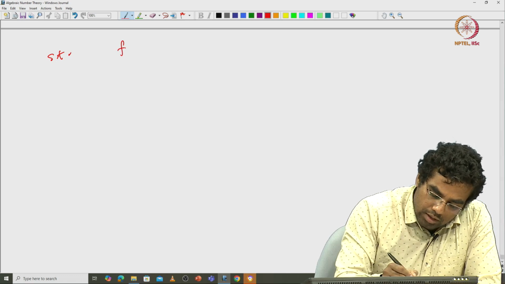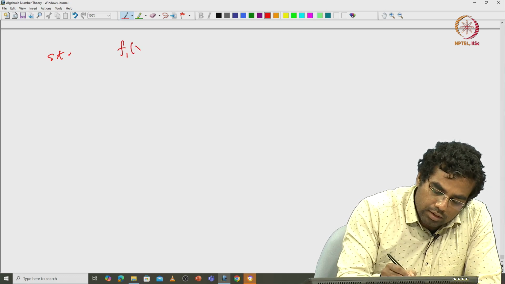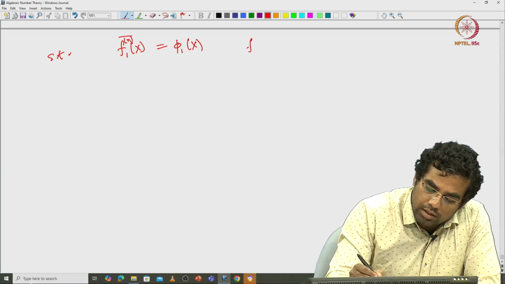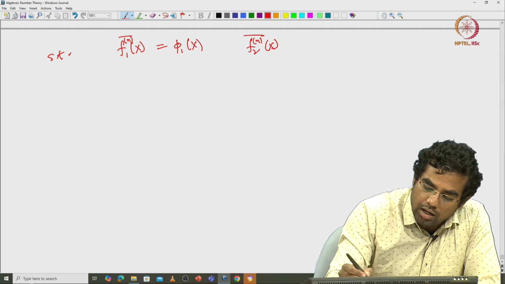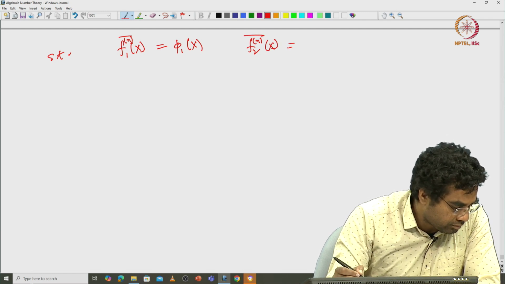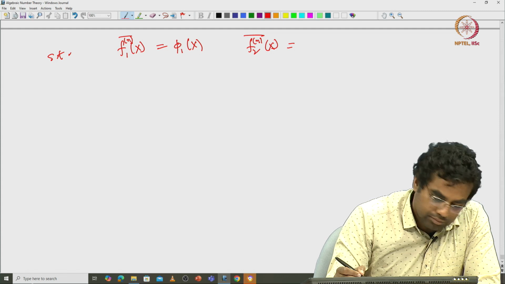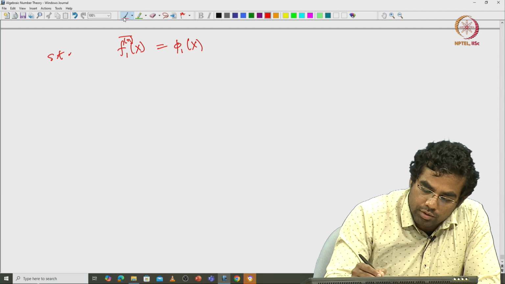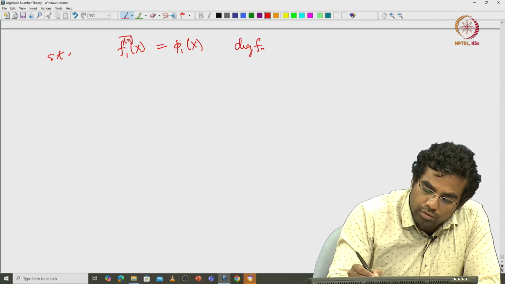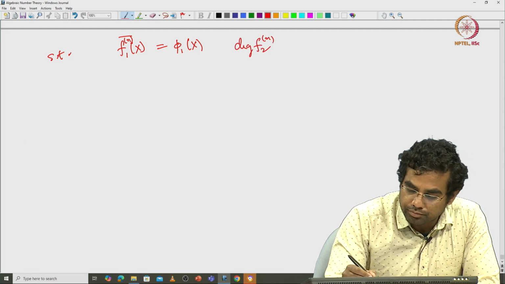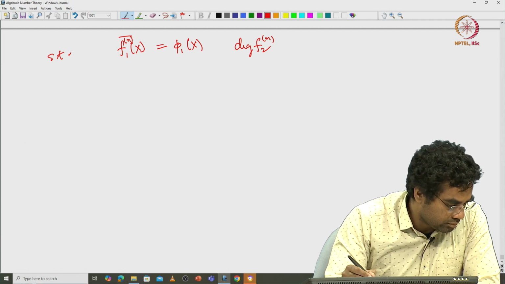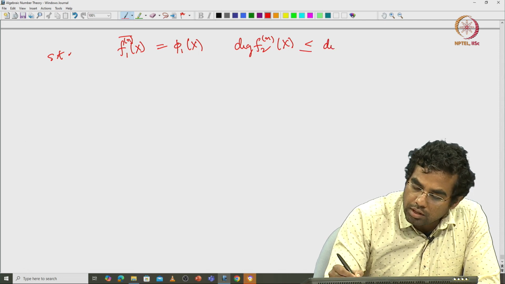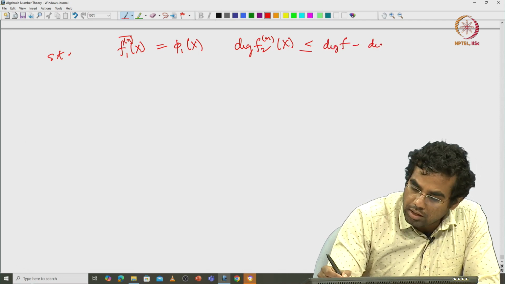first of all, f1 n bar is equal to phi 1 of x, and f2 n bar of x is equal to phi 2 of x. Also, I want to say that the degree of f2 n of x is less than or equal to the degree of f minus the degree of phi 1.